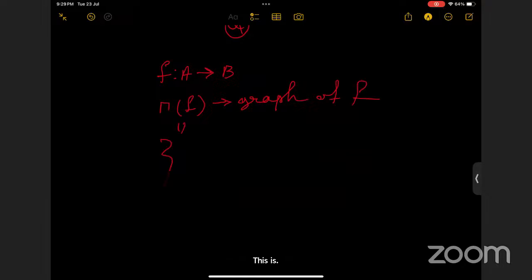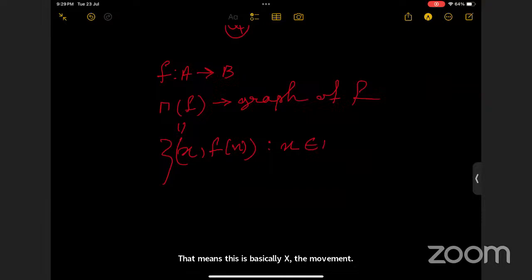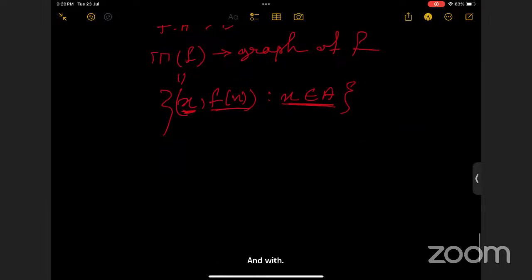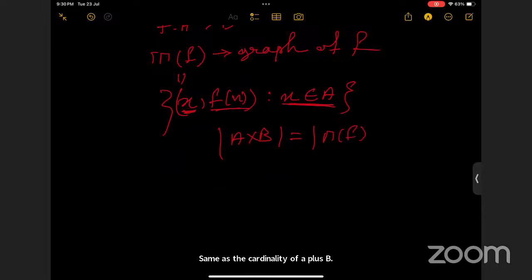That means this is basically the set of points x comma f(x) such that x belongs to A. So basically, here we have all the x from A, and so is the cardinality of gamma F the same as the cardinality of A cross B? What do you think about it?